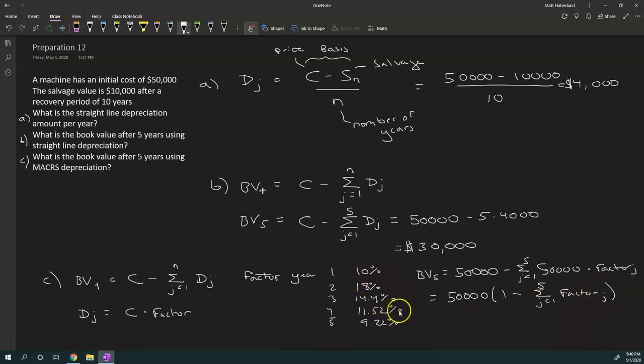So we just sum all these up, and the sum is 63.14%, and 1 minus that is 36.86%. 36.86% of 50,000 is 18,430, which is the book value after 5 years.